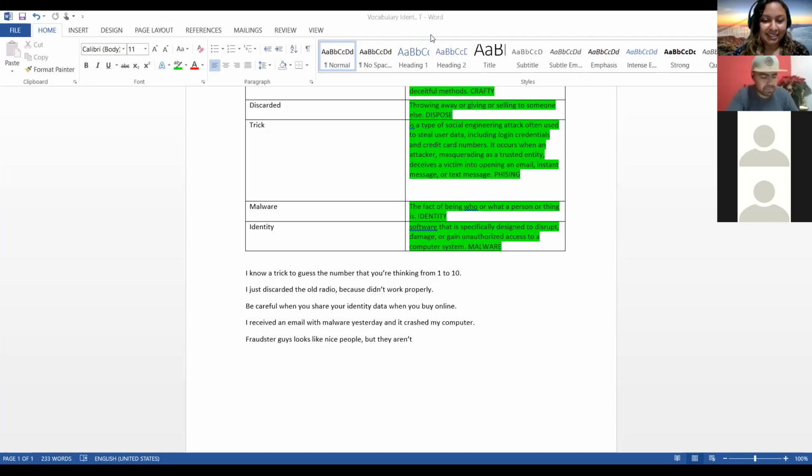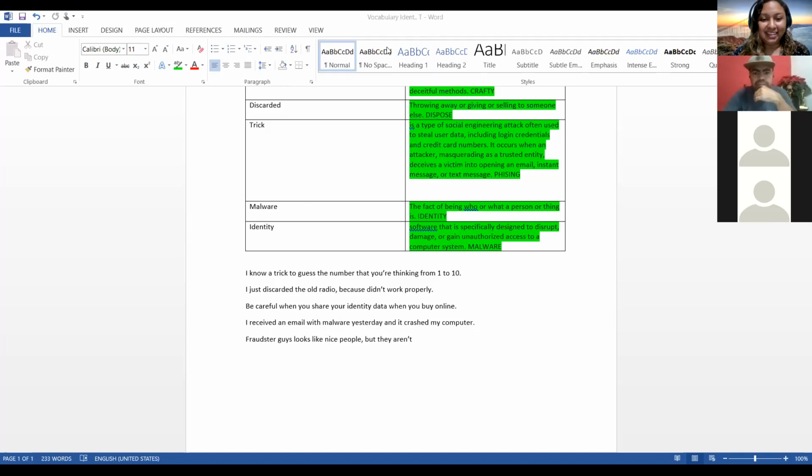Okay. Be careful when you share your identity data when you buy online. I received an email with malware yesterday and it crashed my computer. Fraudster guys looks like nice people, but they aren't.